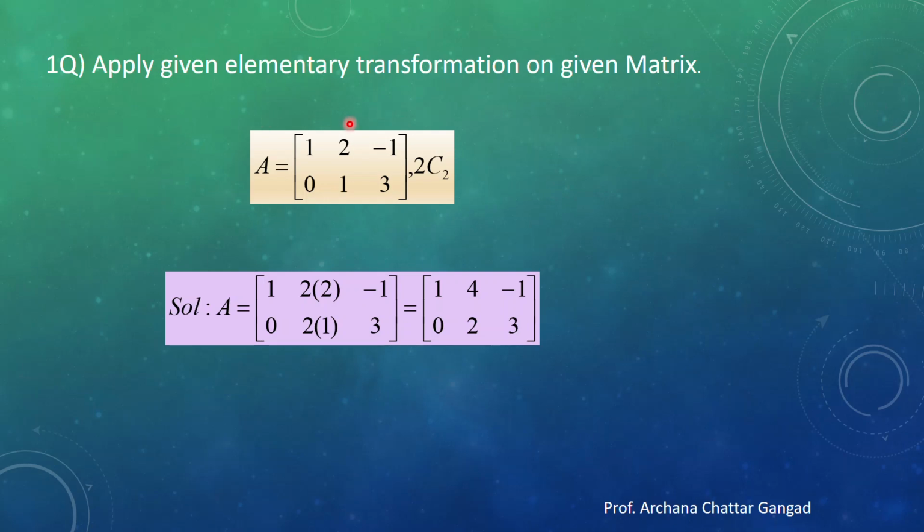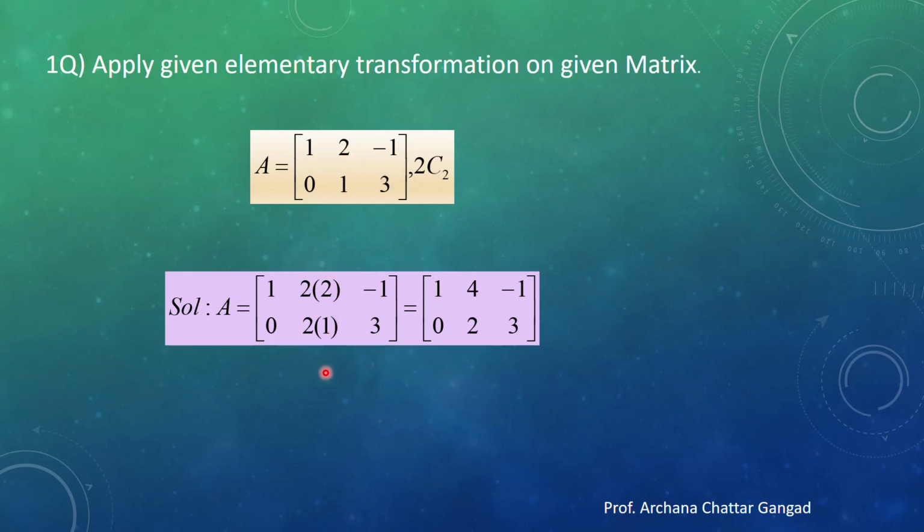Now apply the given elementary transformation on a given matrix. This is the matrix given to us: A is equal to 1, 2, -1, 0, 1, 3. We have to apply here 2C2. What does this mean? We have to multiply the second column by 2, the non-zero scalar value given. So which column will change? The second column. The first and third columns remain as they are, so 1, 0 as it is. Multiply the second column by 2, so 2 into 2 and 2 into 1.